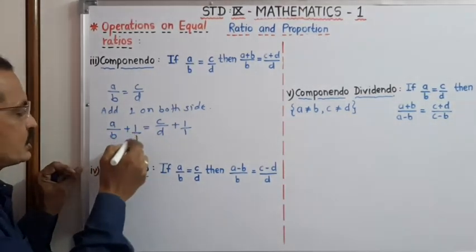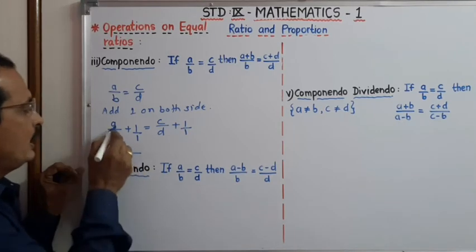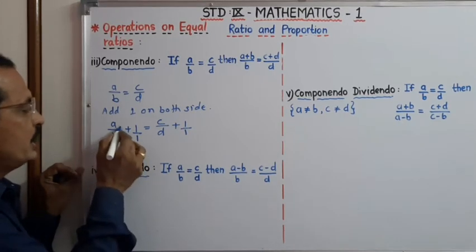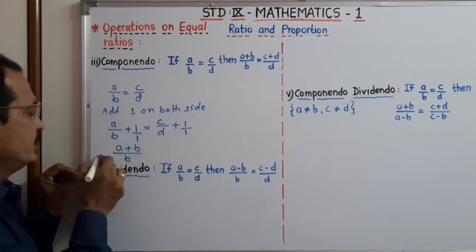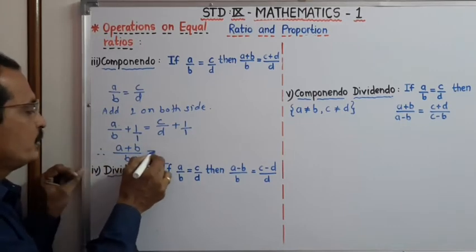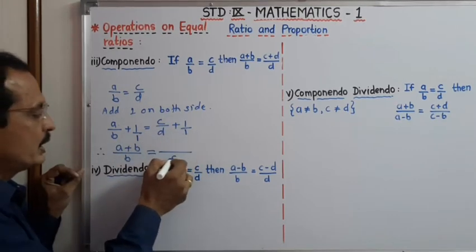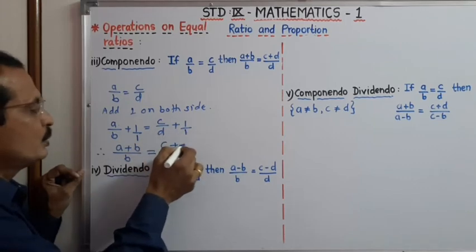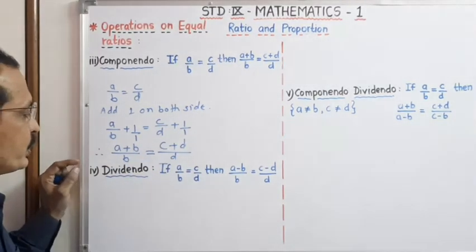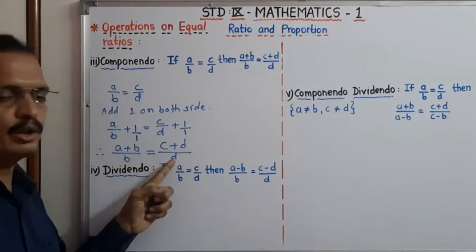Now do the addition: b into 1, that is b, and make the cross multiplication, a into 1, that is a, plus b into 1, that is b. Therefore a plus b upon b is equal to, see what happened, d into 1, that is d, and c into 1, that is c, plus d into 1, that is d. Therefore we got here a plus b upon b is equal to c plus d upon d.